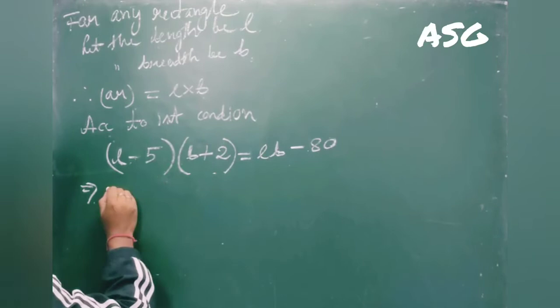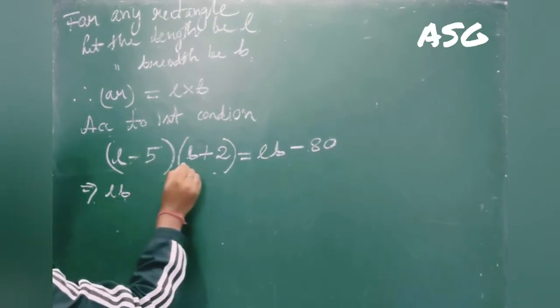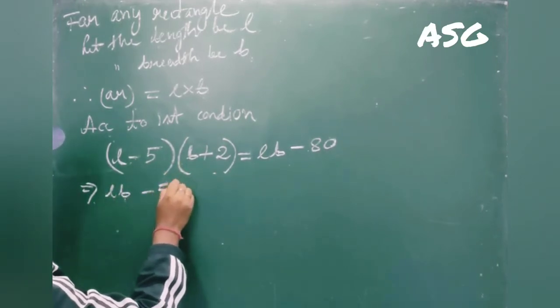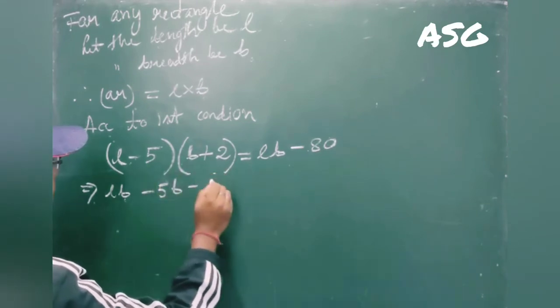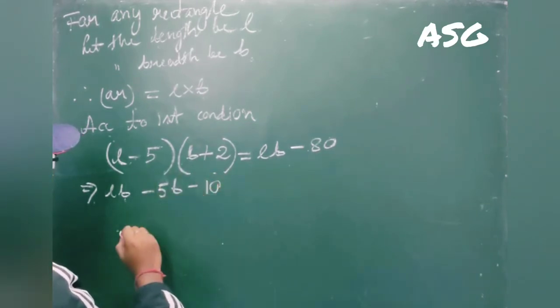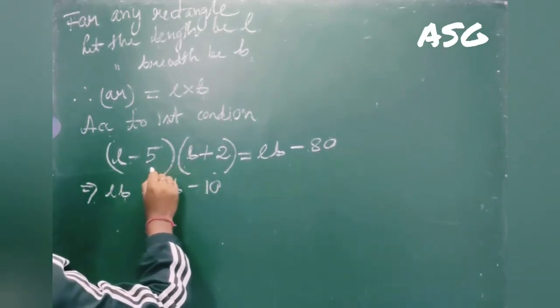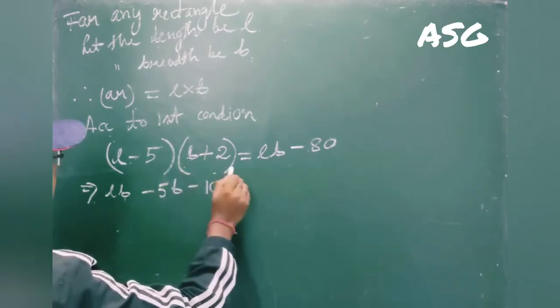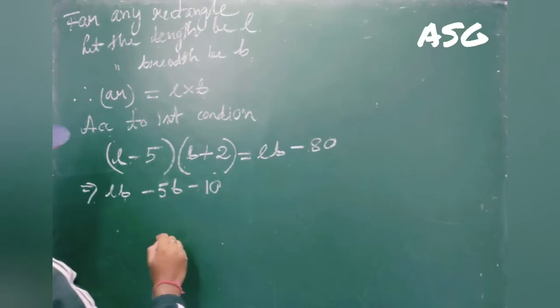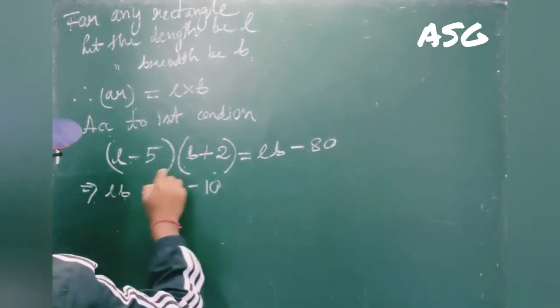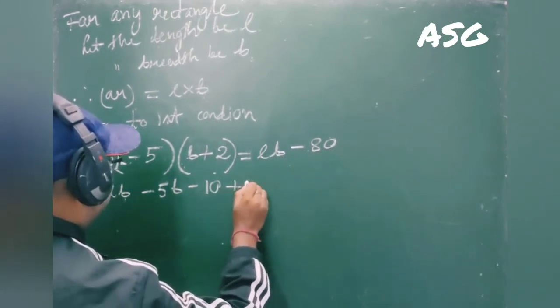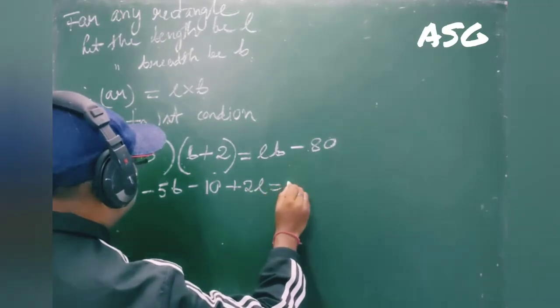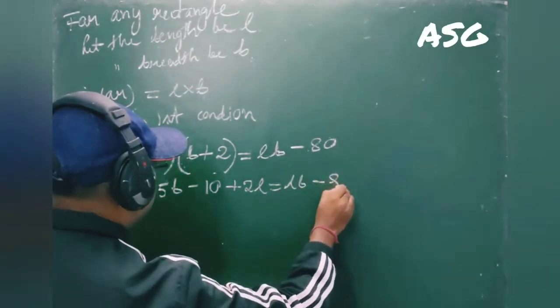L into B is LB, minus 5B, then minus 10, then plus 2L, which is equal to LB minus 80.